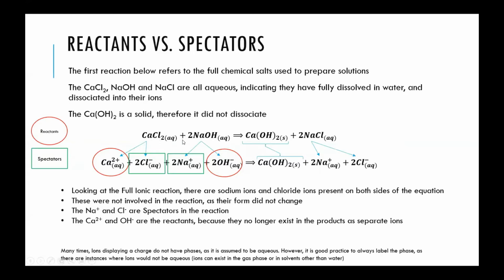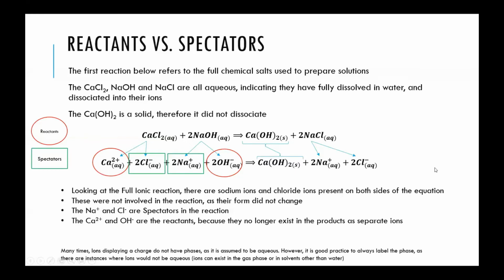2 sodium hydroxide compounds would break apart into 2 sodium ions and 2 hydroxide ions. The calcium hydroxide, again, is just a solid, so that's still going to be a solid. It does not dissolve. And the sodium chloride will break apart into 2 sodium ions and 2 chloride ions.